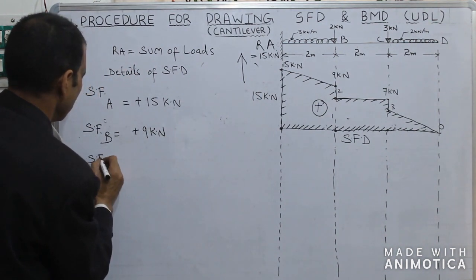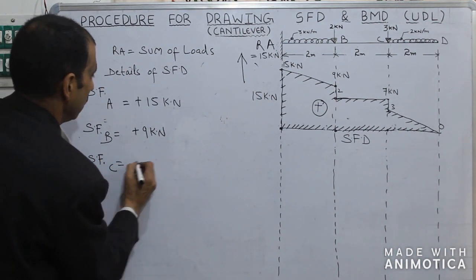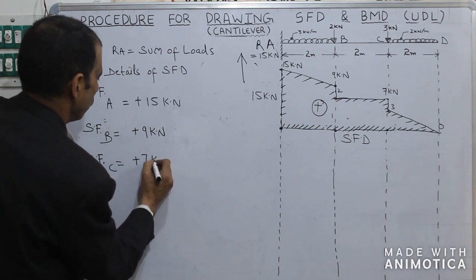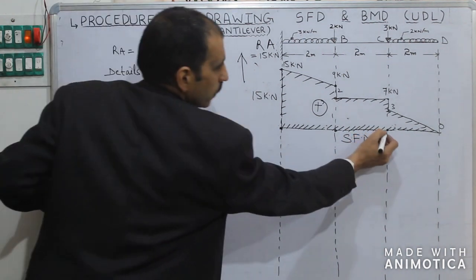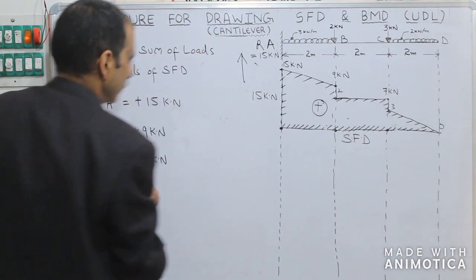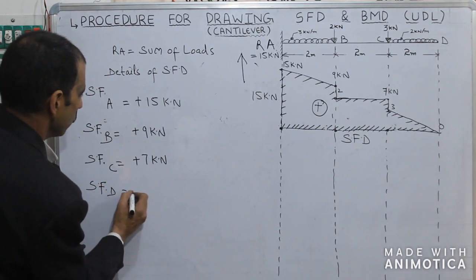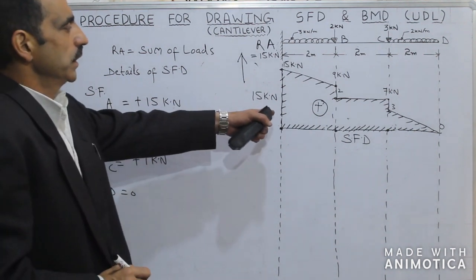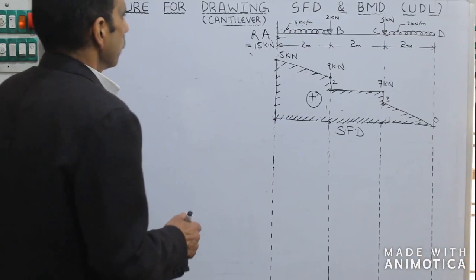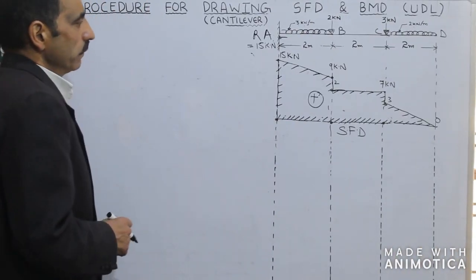Shear force at C is plus 7 kN, from reference line to outer edge. Shear force at D is 0. This is the required shear force diagram. Now we will go to the bending moment diagram.